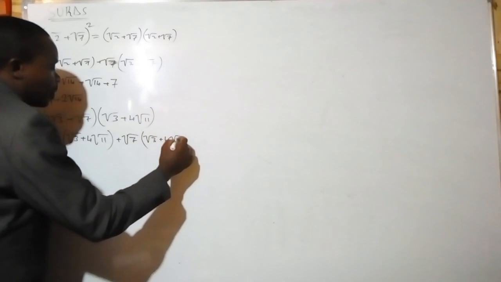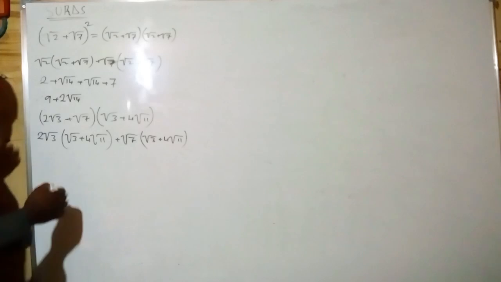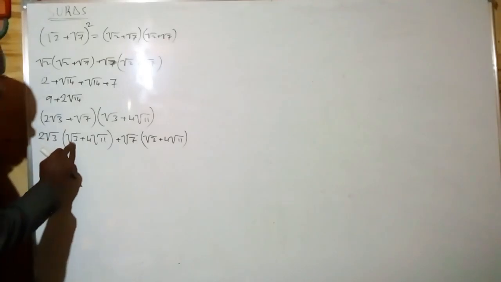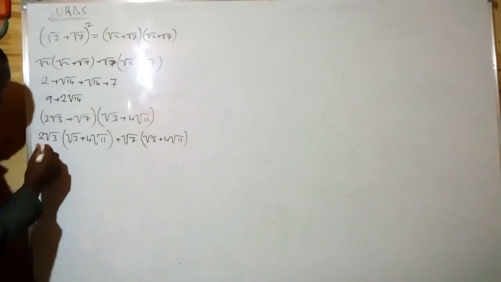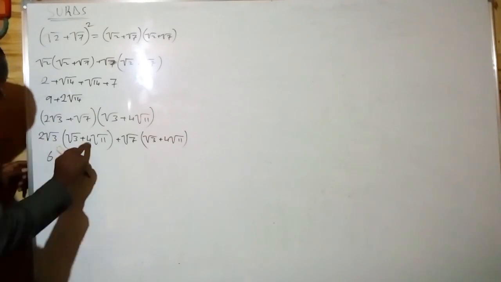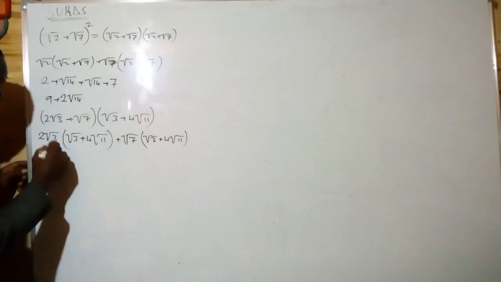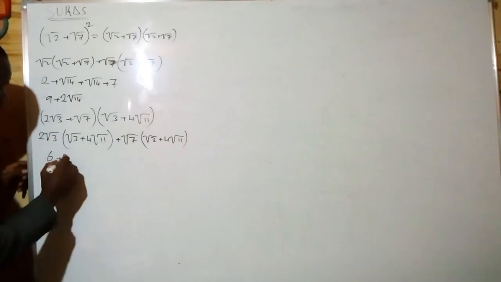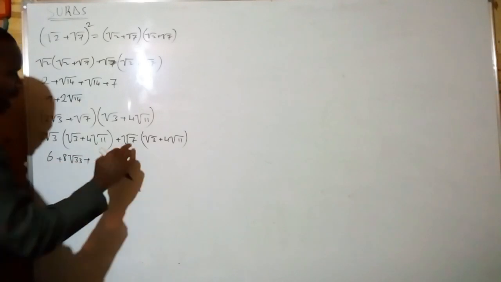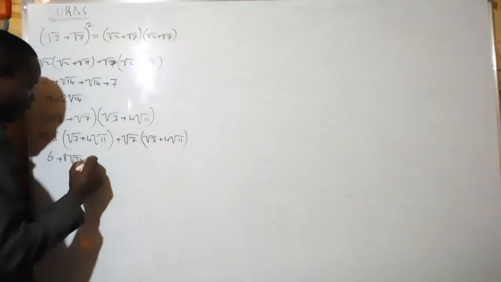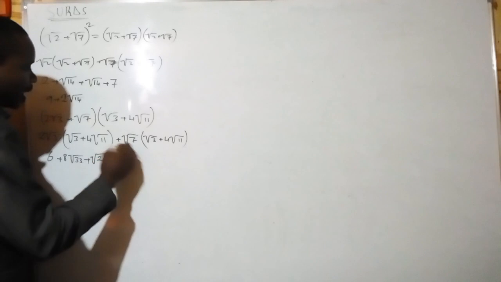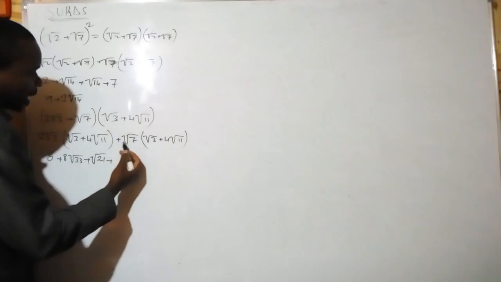We expand. First of all, you have root 3 times root 3 is supposed to be 3. 3 times these 2, we get 6, plus 2 times 4 is supposed to be 8. Root 3 root 11 is supposed to be root 33, plus root 7 root 3 root 21, plus here we have 1 times 4, it's 4.